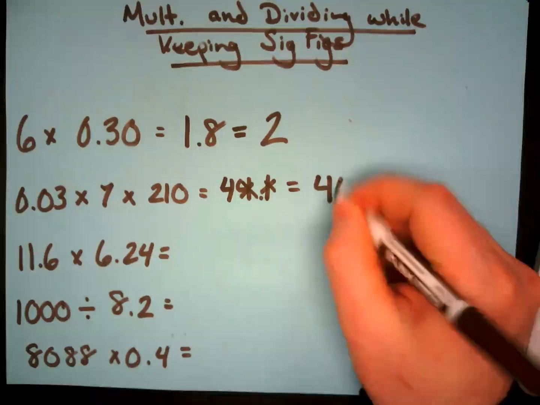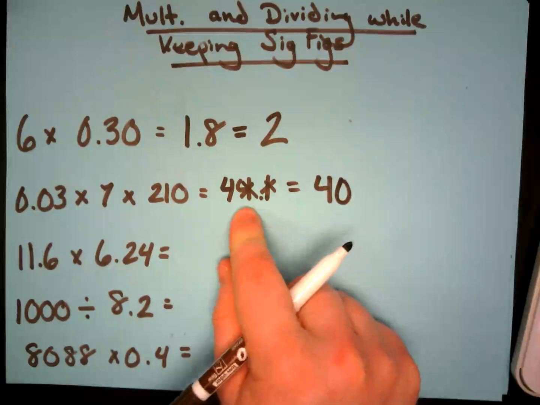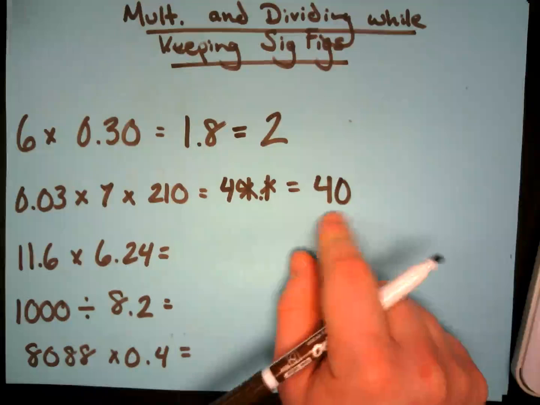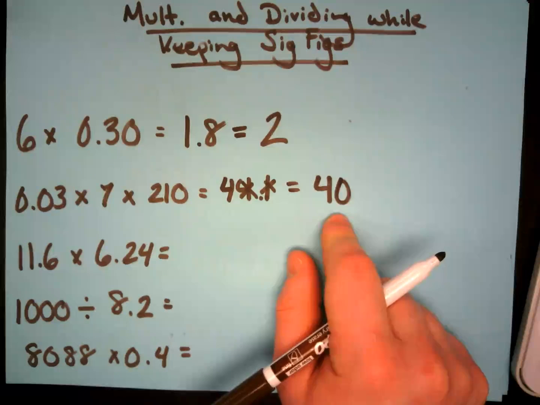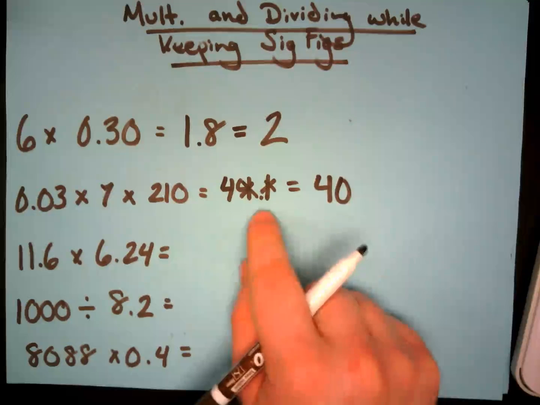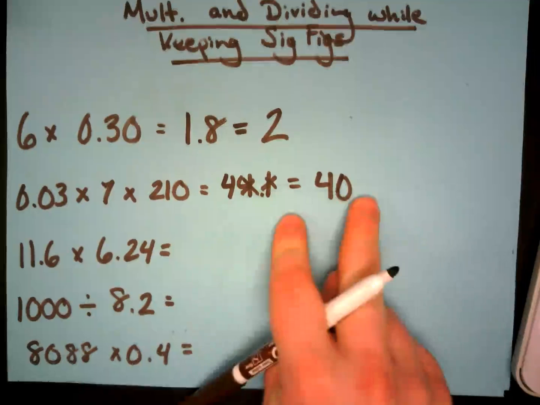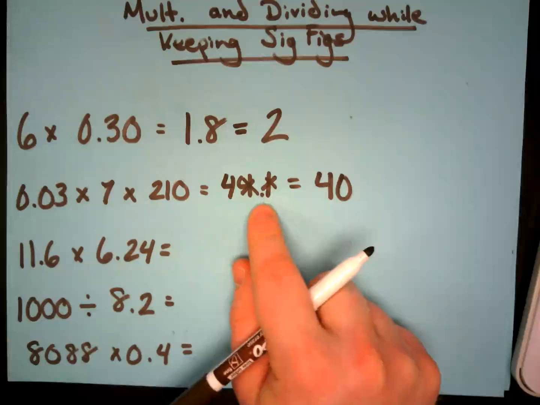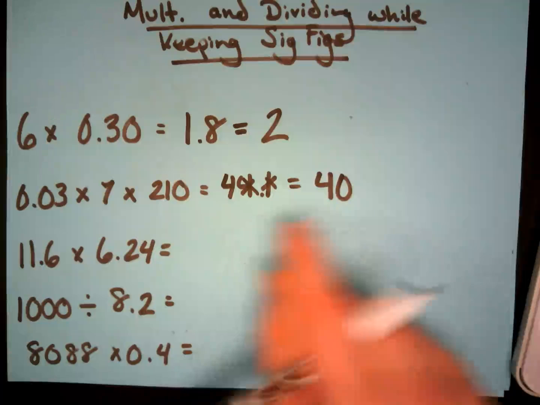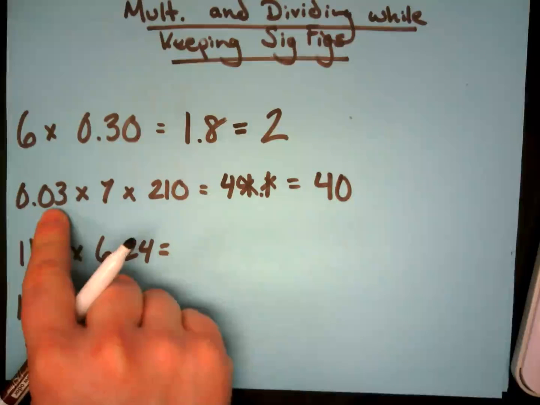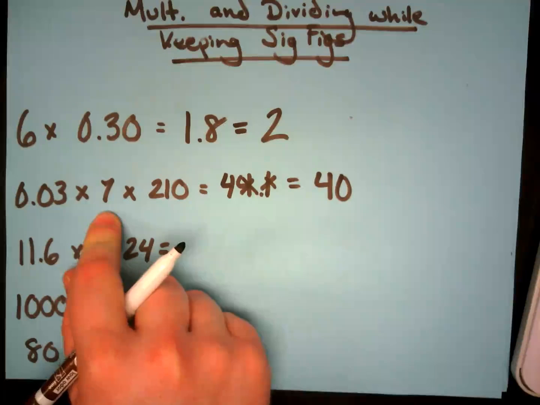Okay, it's closer to 40. Now, why 40 or 50? Because 40 and 50 are 1 sig fig. It can't be 44, because 44 is 2 sig figs. It can't be 43 either, because that's again 2 sig figs. It has to be 1 because this is 1 sig fig, and this is 1 sig fig.